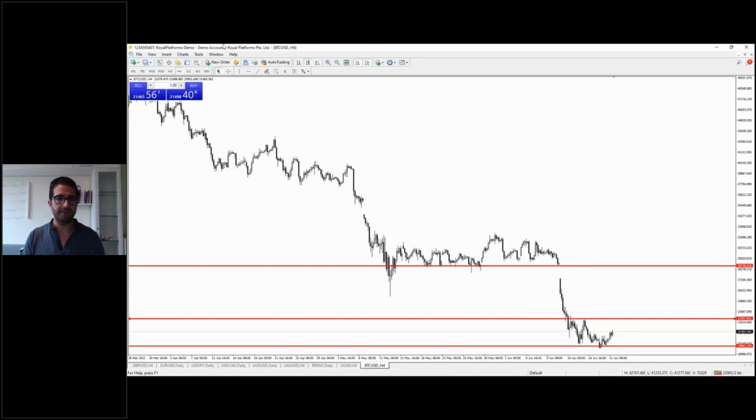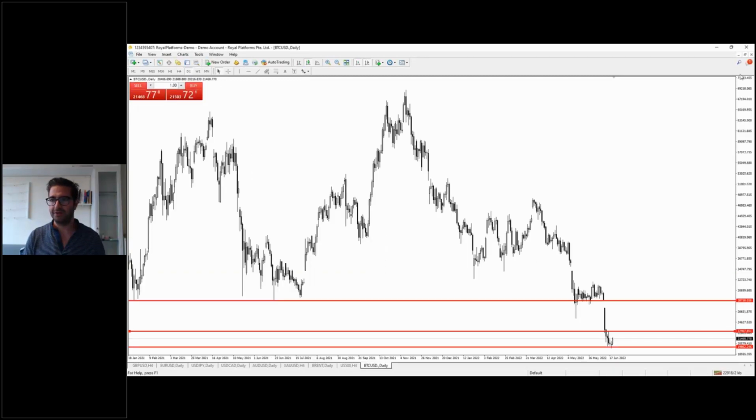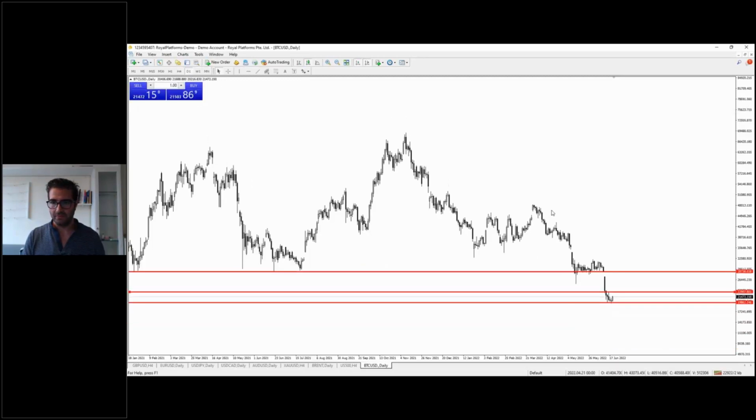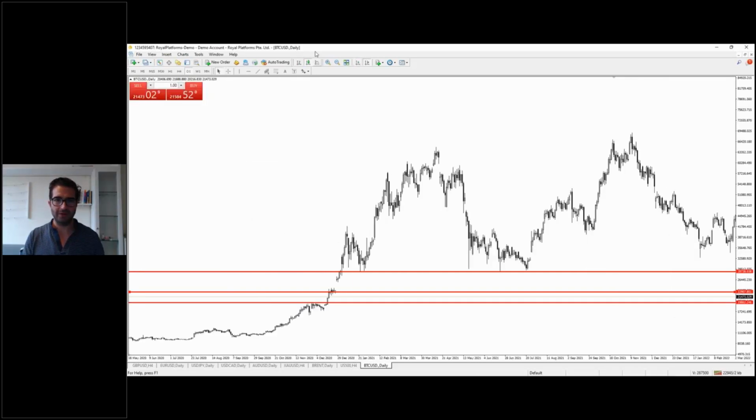BTC USDT or USD. BTC for me still looks bearish, nothing special. We have impulse, correction, and it reached a strong support level around 20K. Why 20K? If I go back in time, you will notice that there was a previous high here.